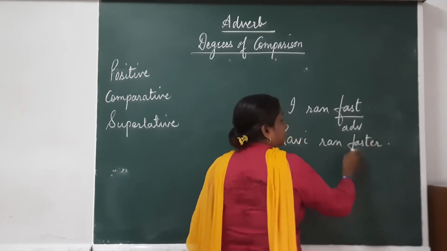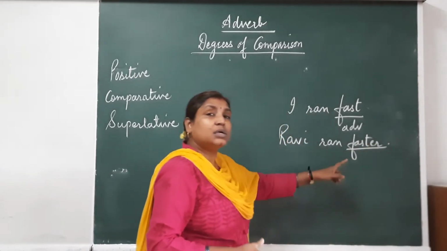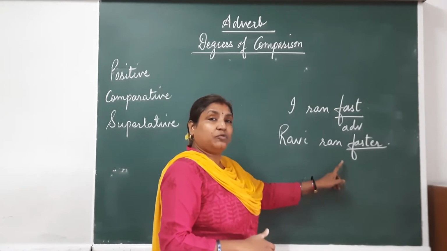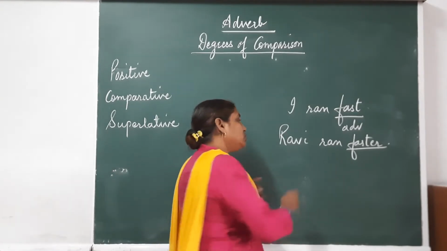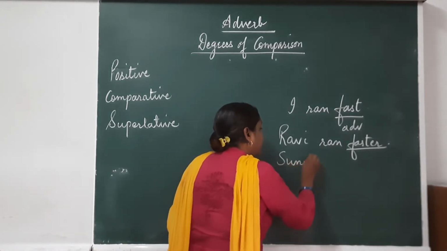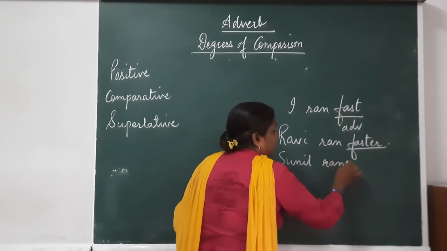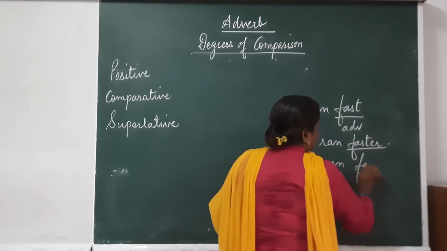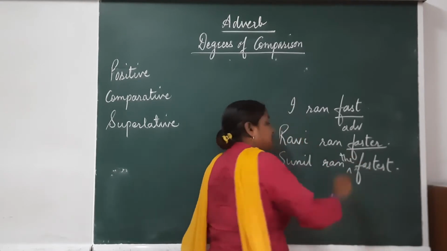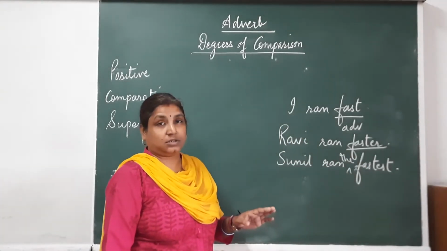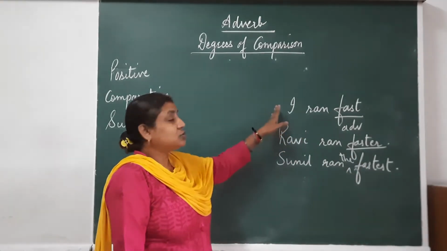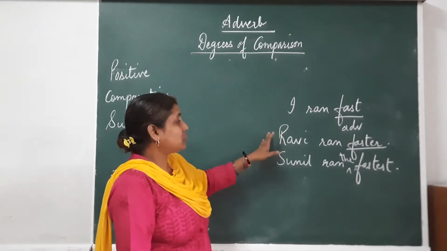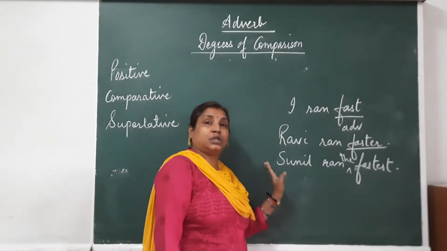Definitely if he is faster than me, then only he can be ahead of me. But Sunil was even ahead of Ravi. So he ran the fastest. So I was also running fast, Ravi was also running fast, Sunil was also running fast.